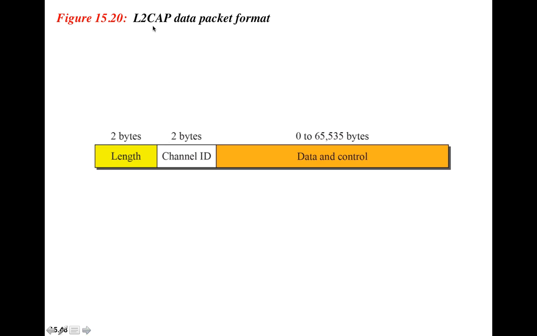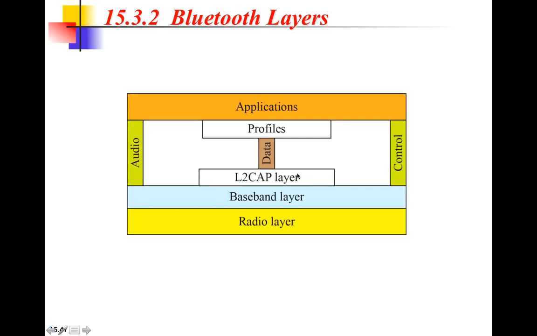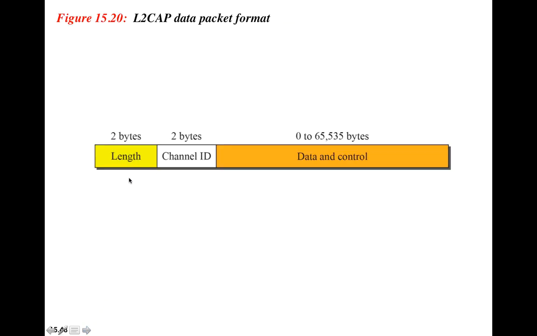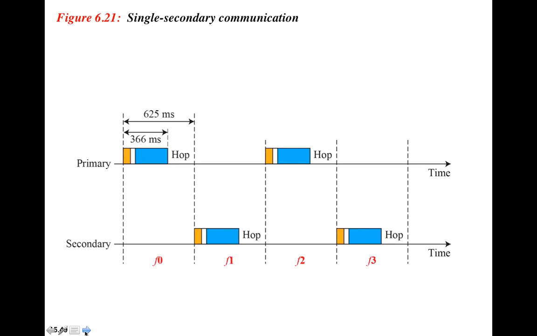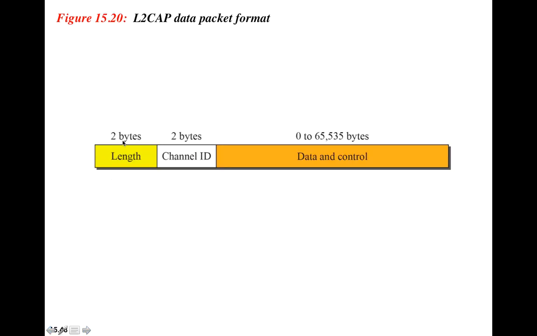Now, the L2CAP data packet format. This is at the LLC level, at the L2CAP layer here. So you have the length field indicating the size of the whole packet.